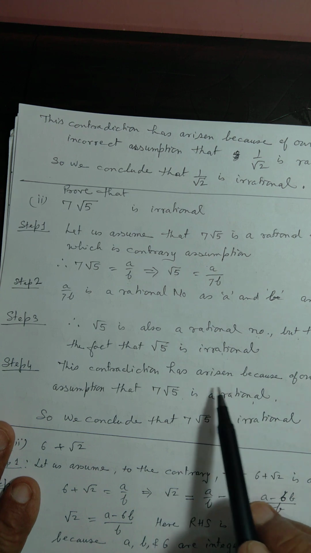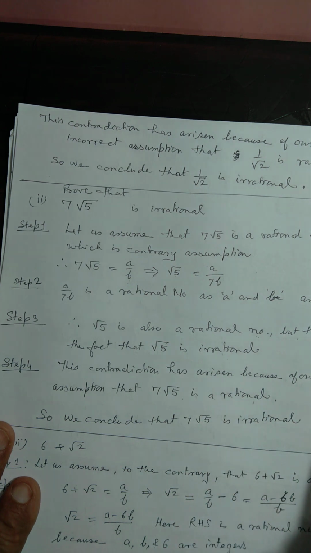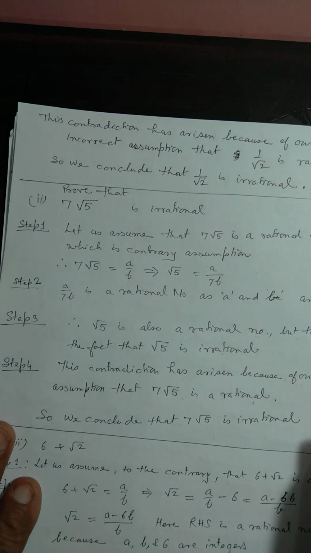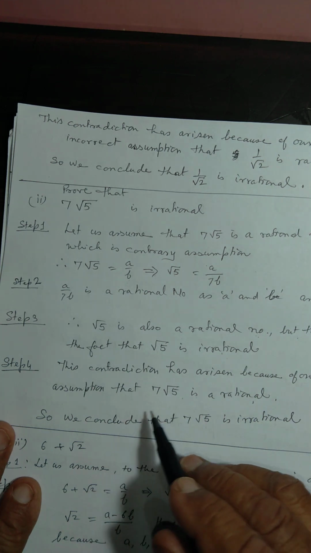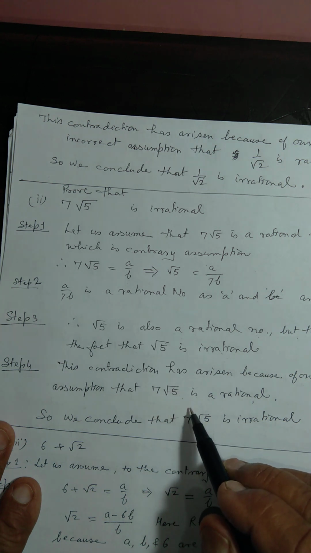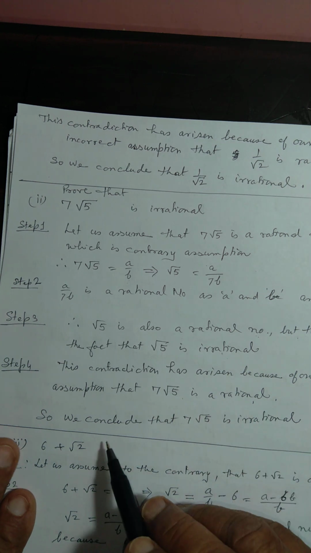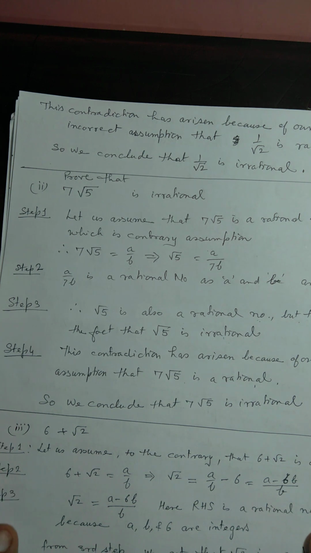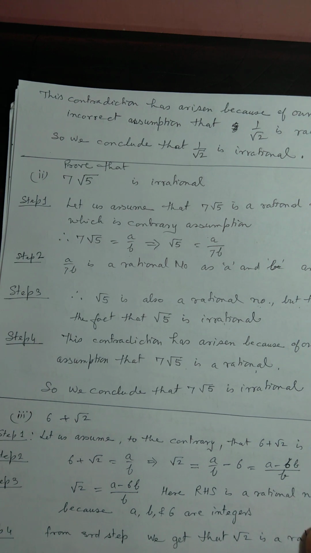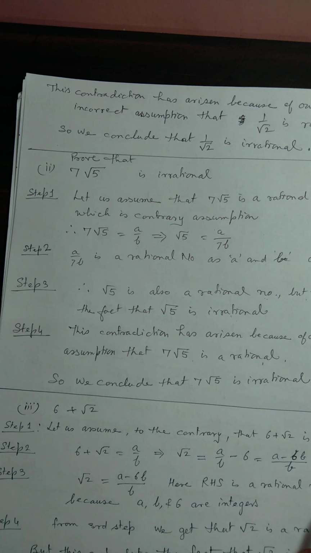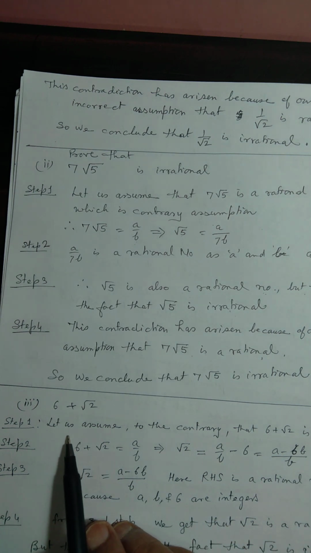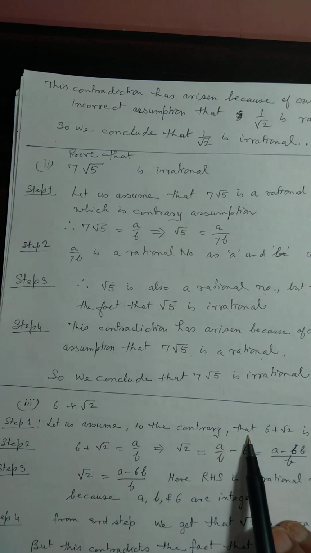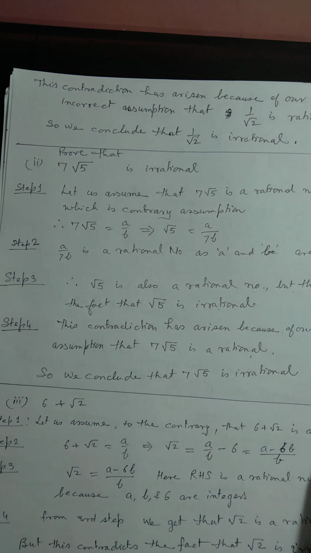It is incorrect. So we conclude that 7 root 5 is irrational. Now come to the third part, 6 plus root 2. Let us assume to the contrary that 6 plus root 2 is rational.